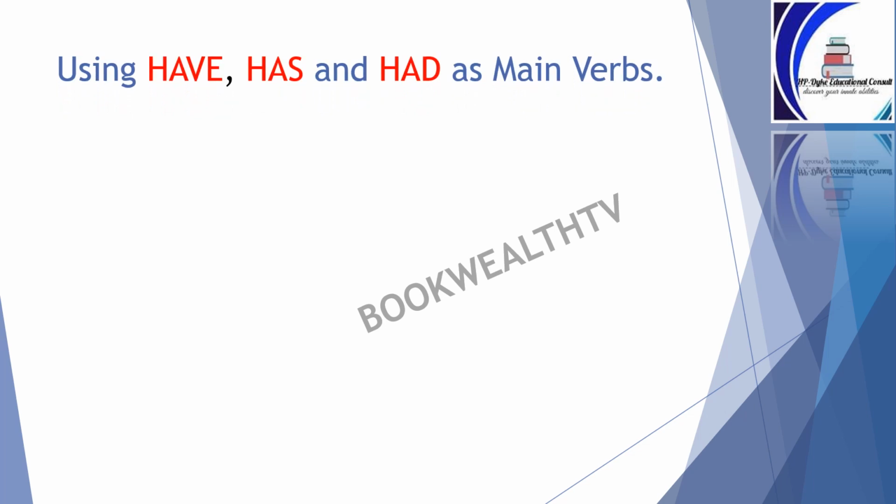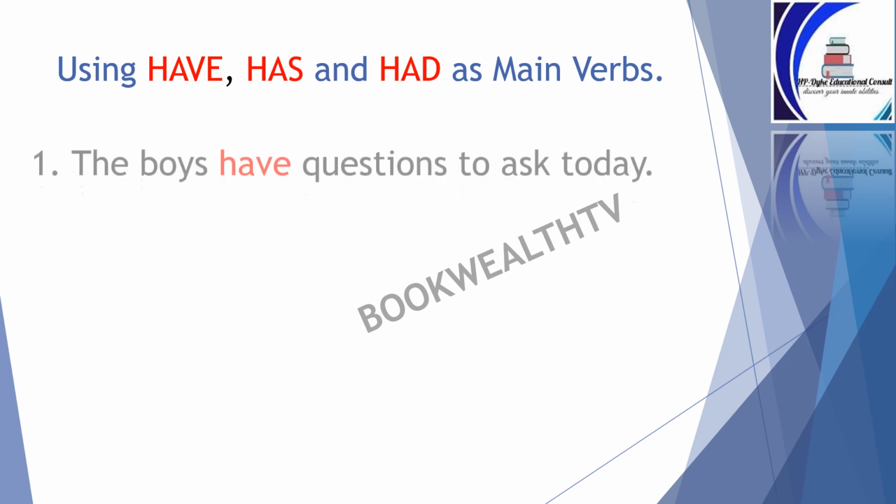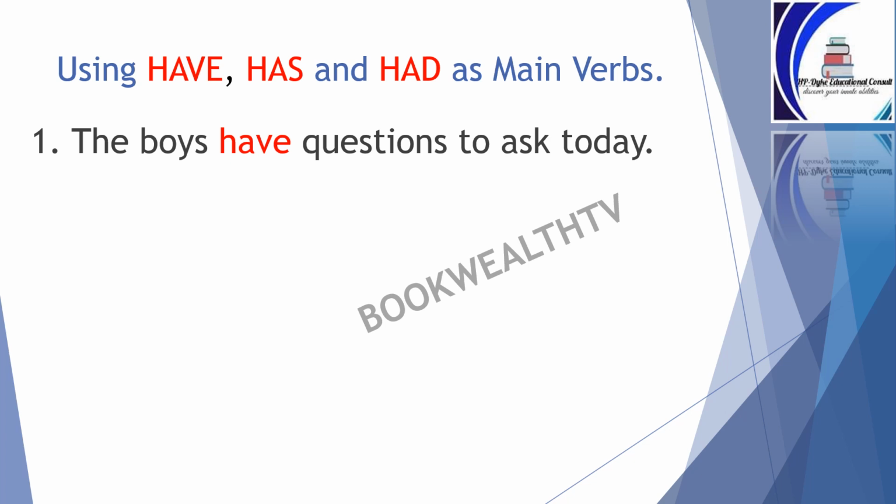Using have, has, and had as main verbs. When these words are used as main verbs, they show possession. The sentences below exemplify how they perform this function. The boys have questions to ask today.